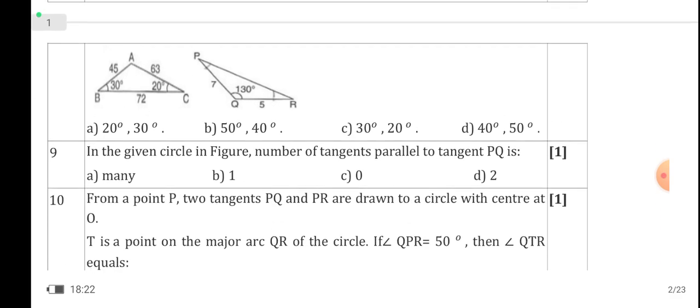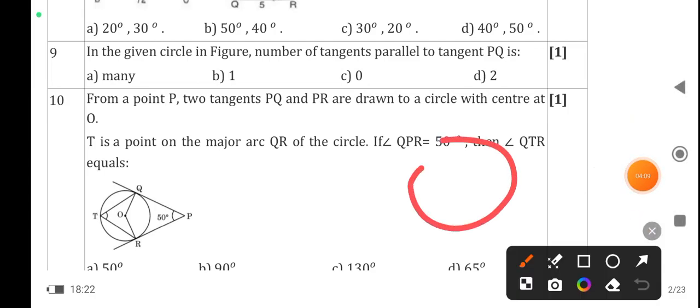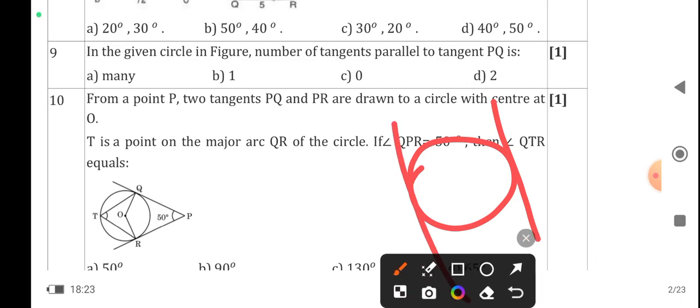One triangle, one circle is there. How many tangents can be formed parallel to PQ, they ask. For example, one tangent is there, and how many lines can be drawn? That is different. But how many tangents can be drawn? Check.